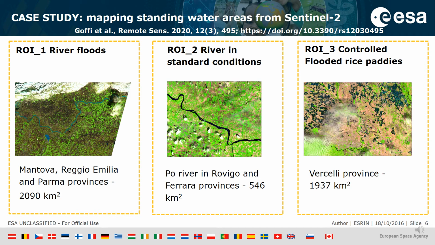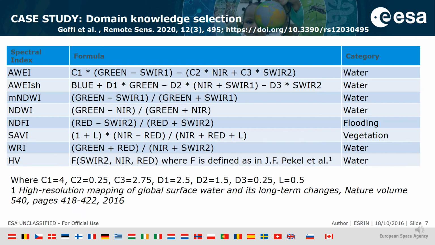The first 2 areas were hit by floods due to heavy rainfall, while the third area presents controlled flooded rice paddies, in which the watered areas are shallow water with a depth of about 50 centimeters mixed with vegetation. So we wanted to test how our algorithm performs on different kinds of standing water.